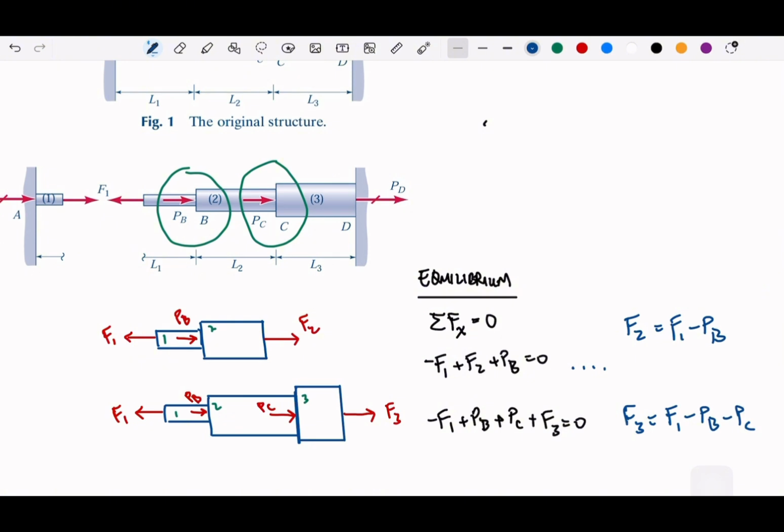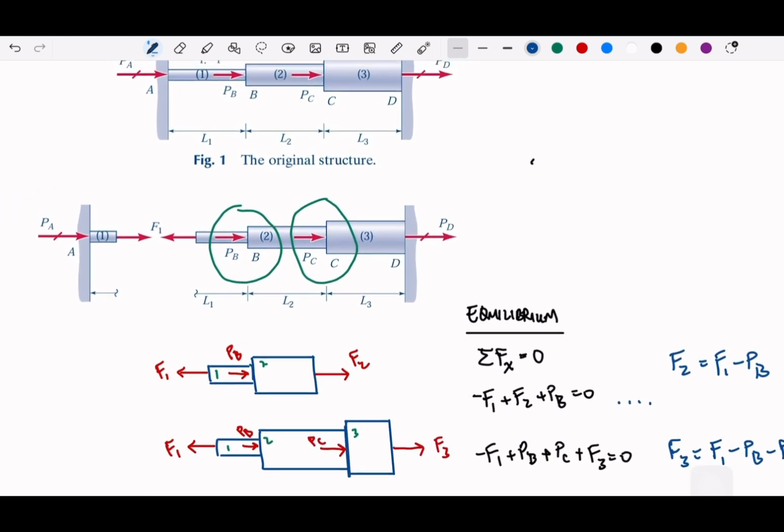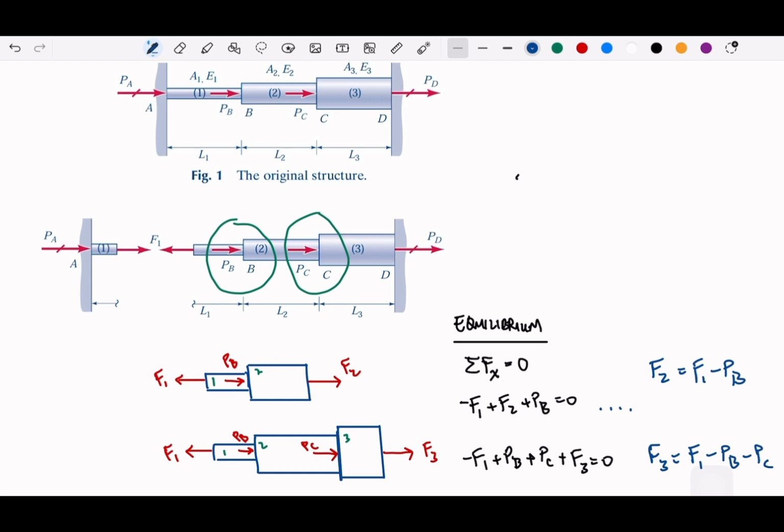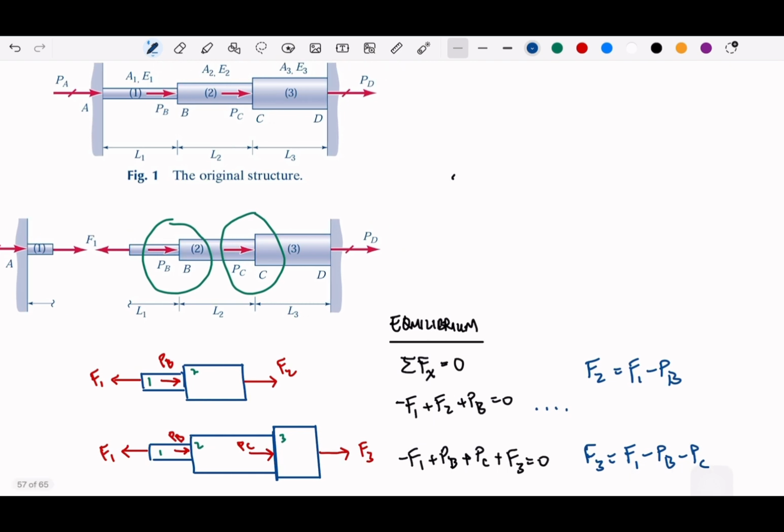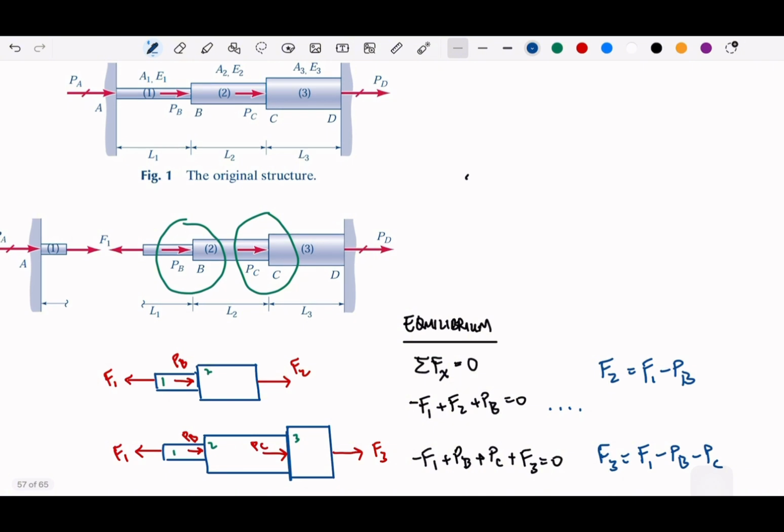Now, for all the elements, since they are attached to the walls, we need other equations to solve for these forces. To solve this, what we need is the assumption about the elongations.